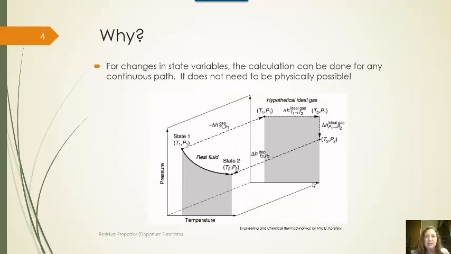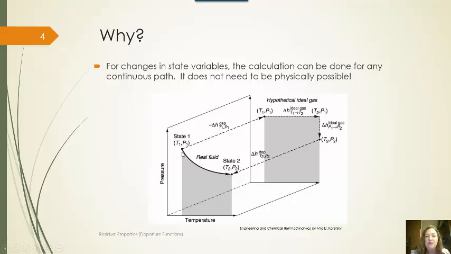So why would we do this? For any change in state and variables, a calculation can be done for any continuous path. It doesn't have to be physically possible. So if I wanted to go from state 1 to state 2 for some real fluid, I could certainly do the calculation along this actual process path.